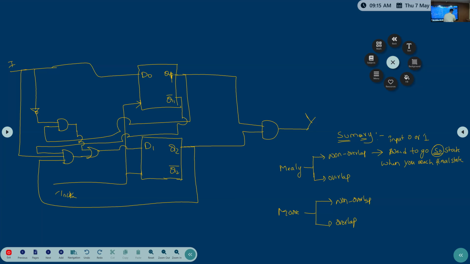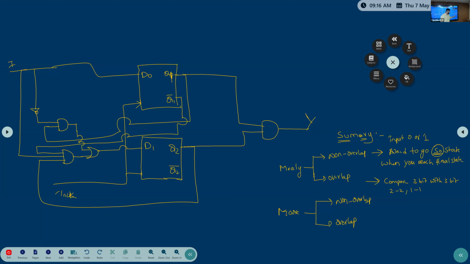So in the overlap case, we will compare the first 3 bits with 3 bits, then 2 bits with 2 bits, then 1 bit with 1 bit. Clear? 2 bits with 2 bits, 1 bit with 1 bit.